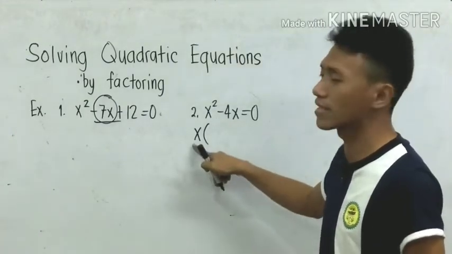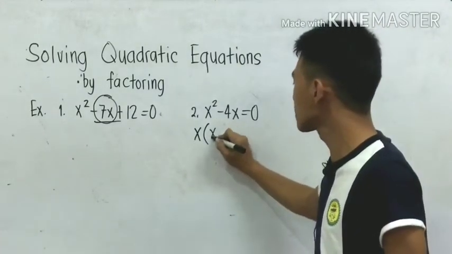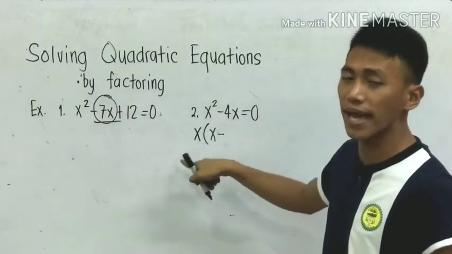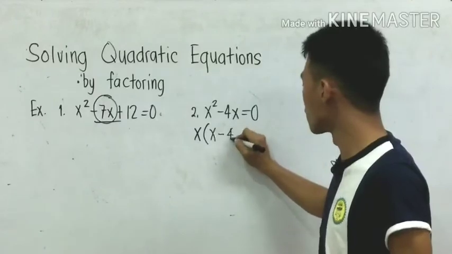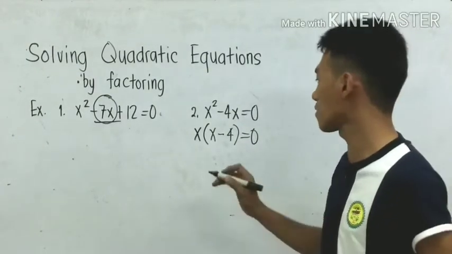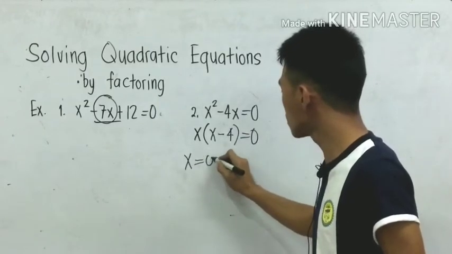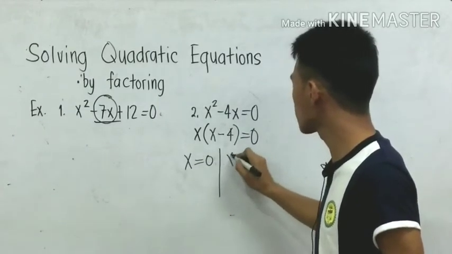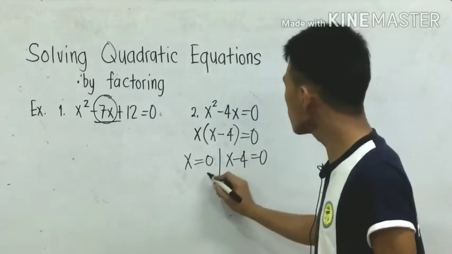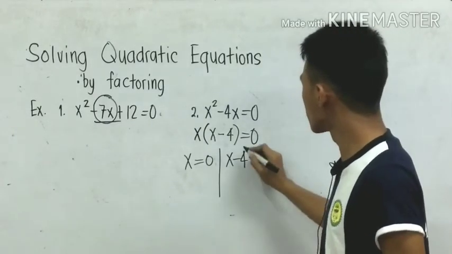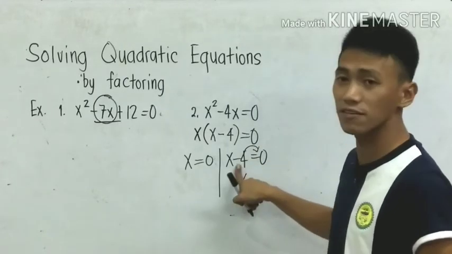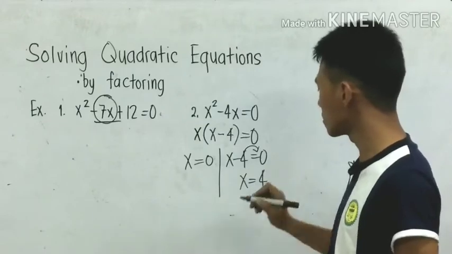So, x squared divided by x is x minus 4x divided by x is 4 is equal to 0. And then separate the factors. X is equal to 0. X minus 4 is equal to 0. So, we transpose the constant. X is equal to negative sign, mahimong positive 4.